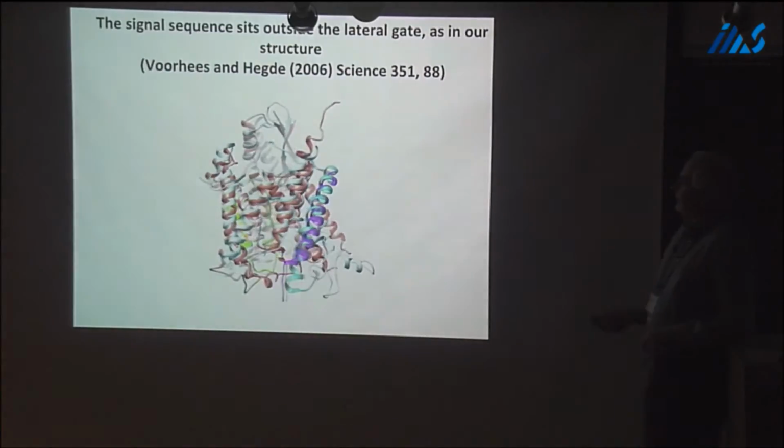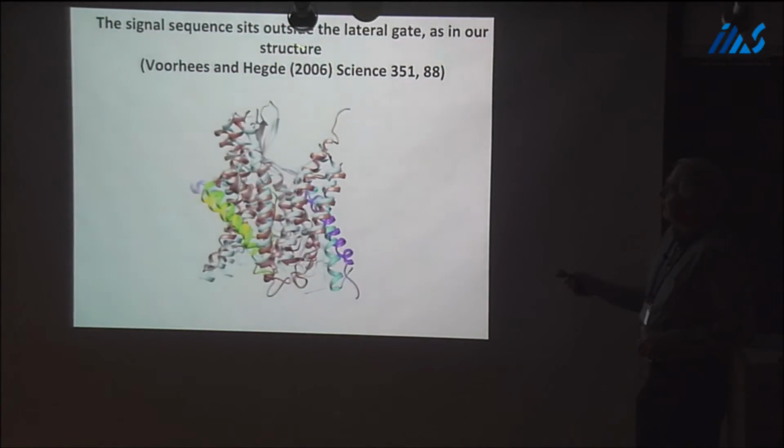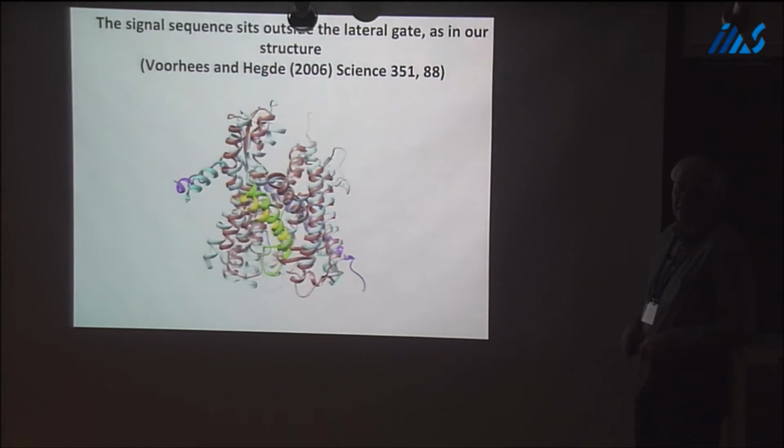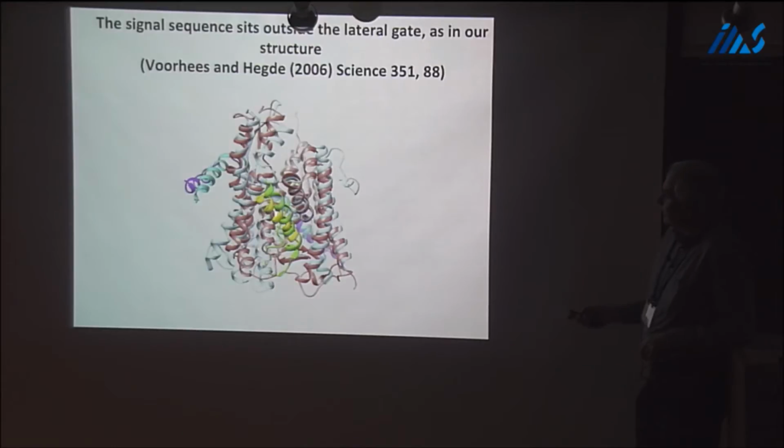Again, I think it doesn't like movies. Yeah, okay. But it turns out that the structures are actually almost superimposable. Their structure was of lower resolution, so they couldn't actually determine the registry of the helix.